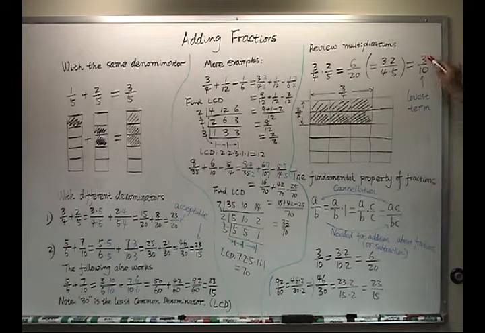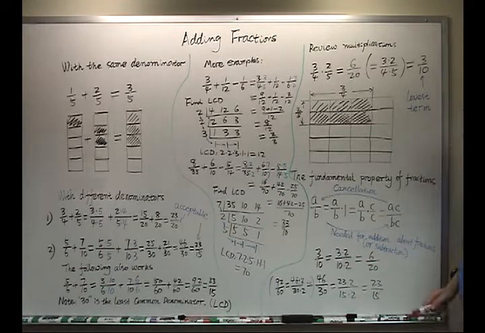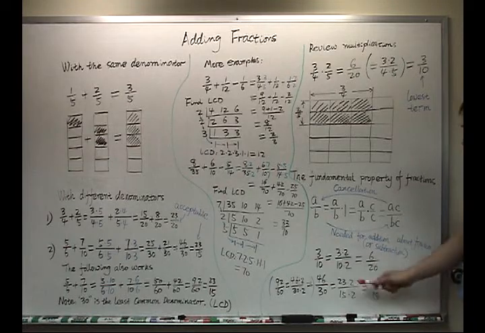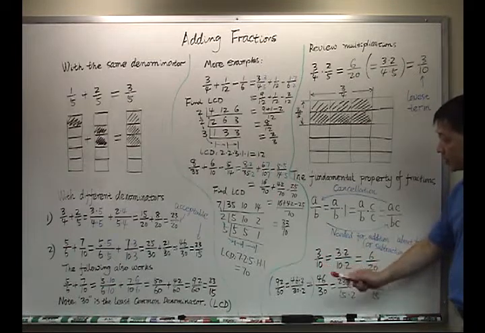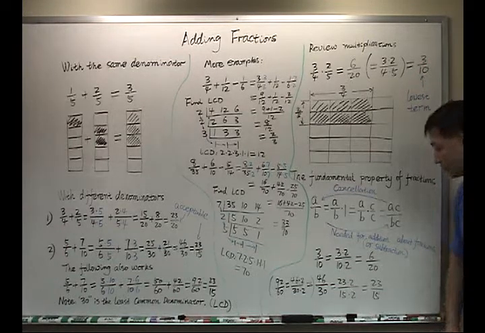Now, you cannot reduce 3/10 anymore because there is no common factor. 2 was a common factor here, but here, no more common factor between 3 and 10. So 3/10 is called lowest terms.